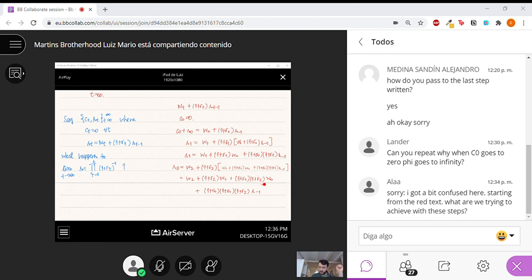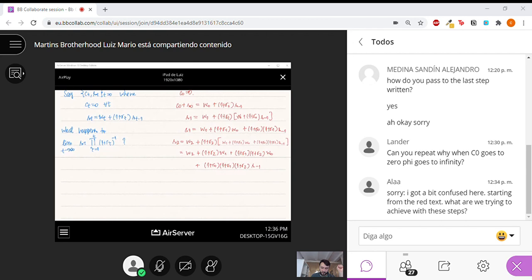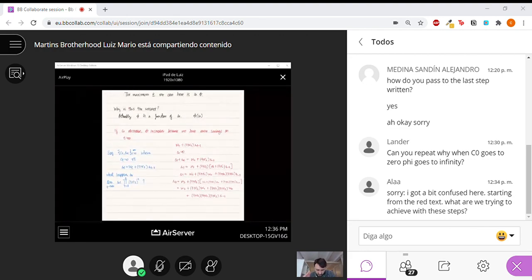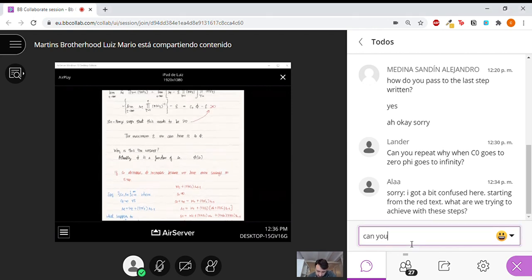And here also it's going to cancel with some terms. Then I would like to know if this goes to infinity or to some finite number. If you want to check this by yourself, you can try to do it. But do you have any questions here?